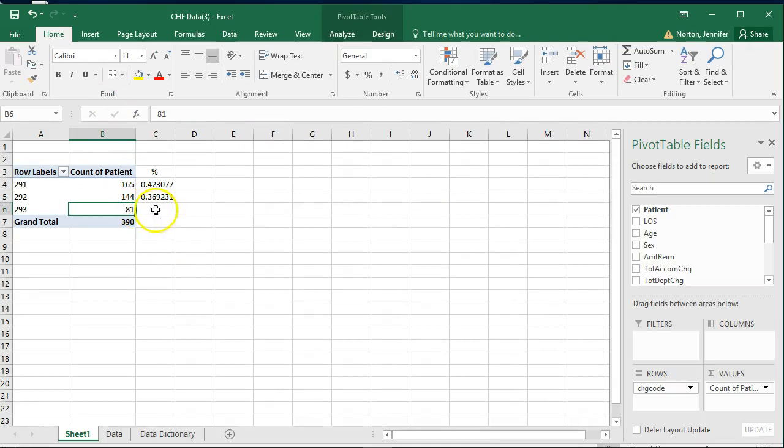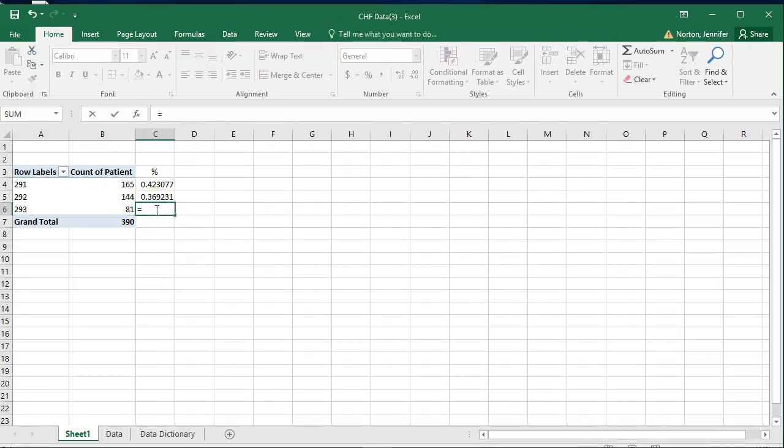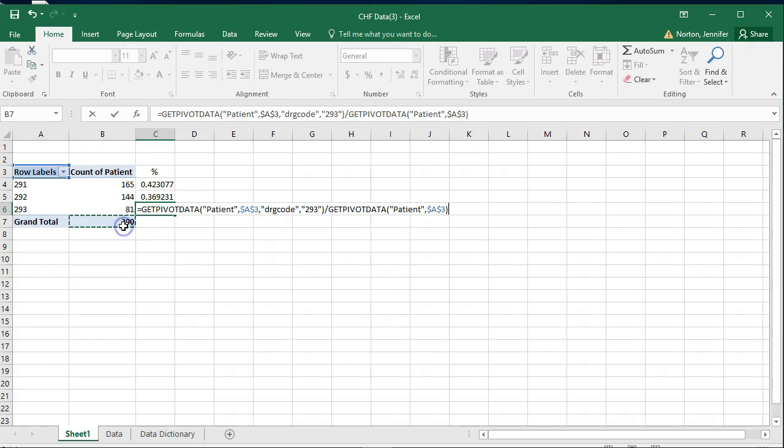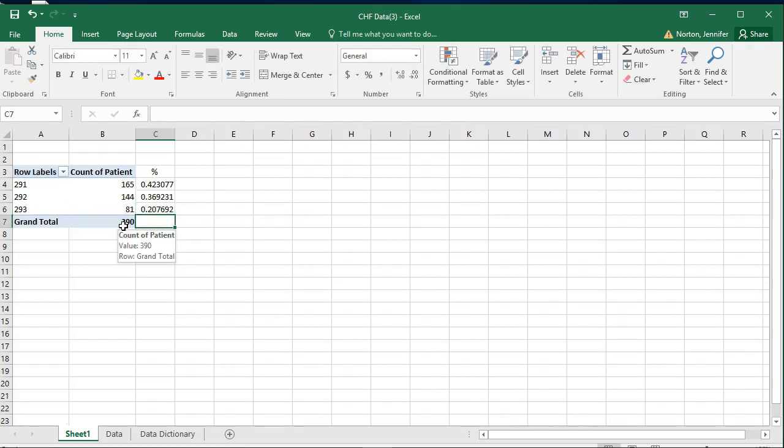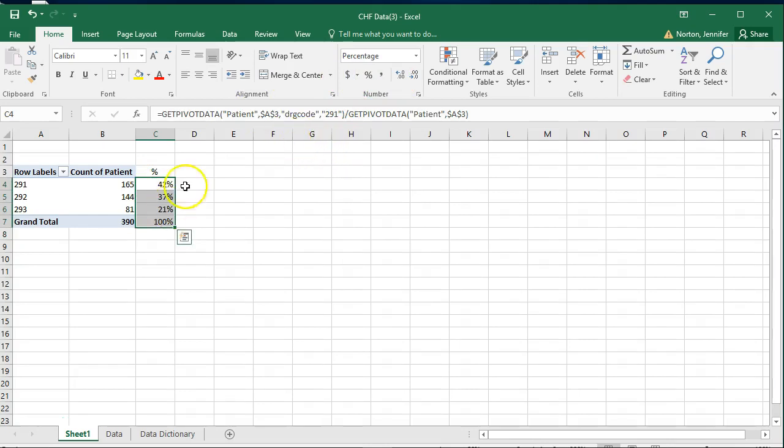And again here we are going to do our equal sign, our total of our 293 patients divided by our total patients. And then we're going to sum this. And we are going to change this to percentage. Okay, so now what we need to do is grab some information from the HCUP website, and I'm going to show you how I want you to do that.